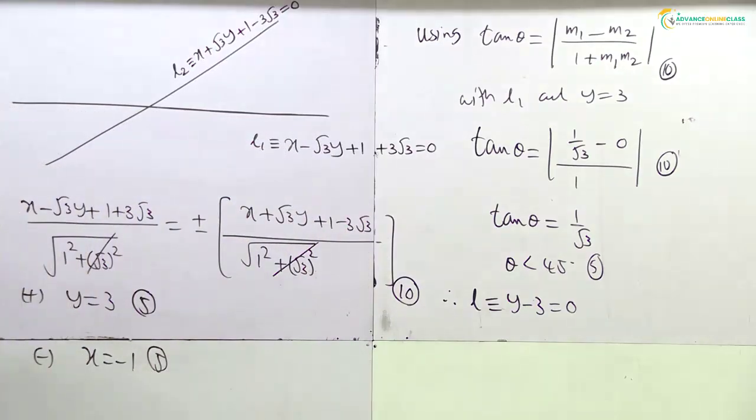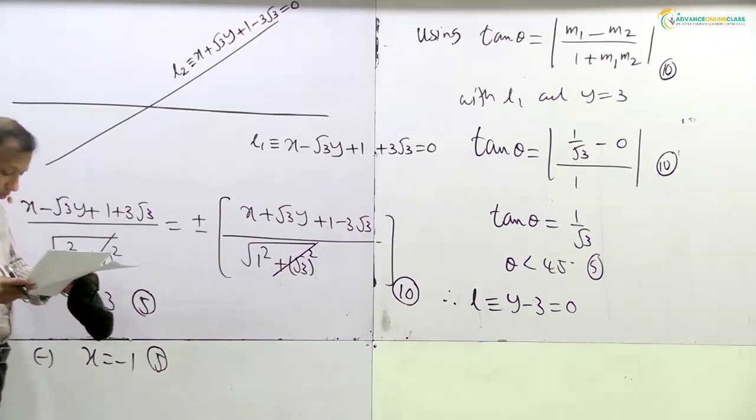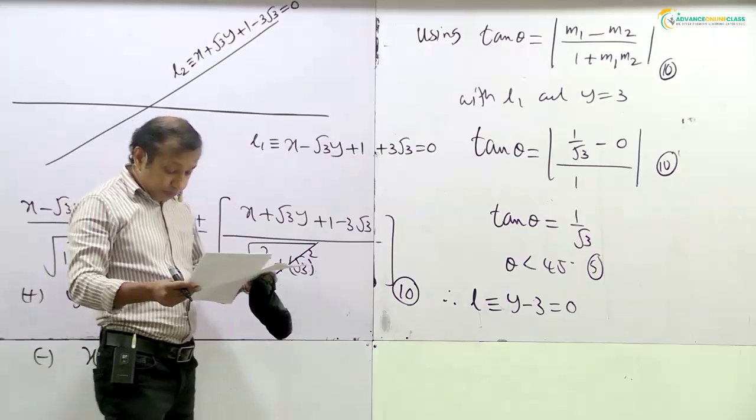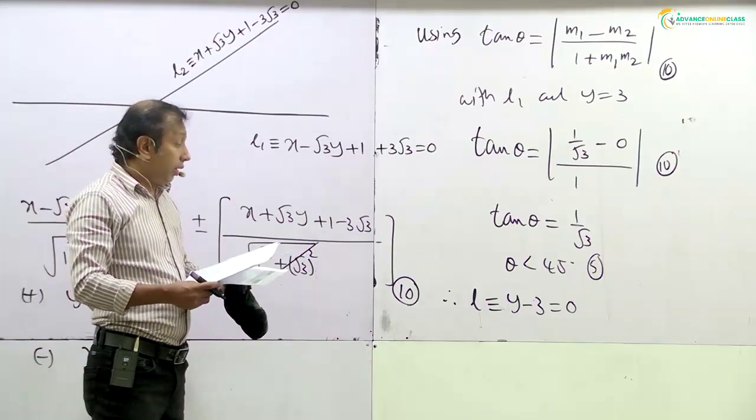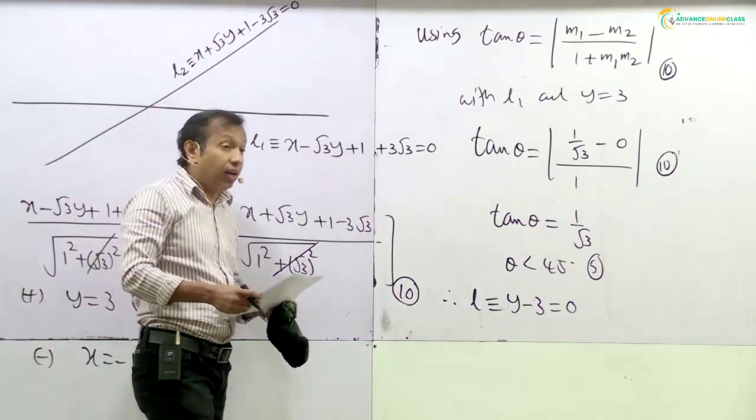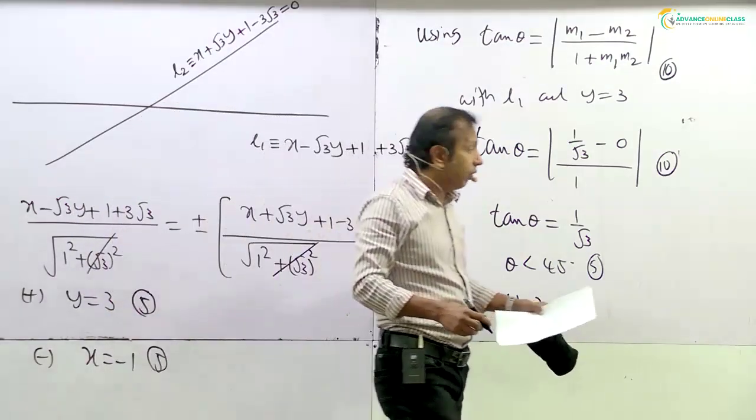So then the point A, 2, 3 lies on the line L equals 0. Acute angle bisector is given as L. It is y equals 3.